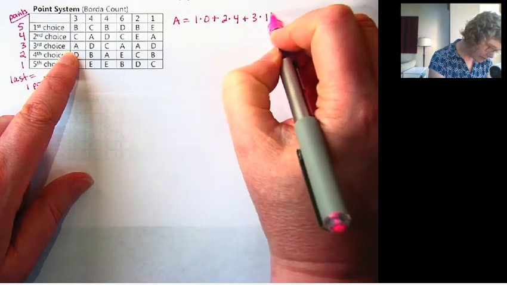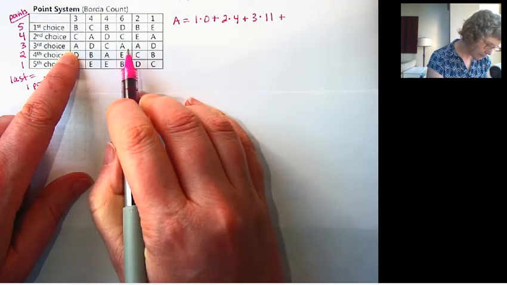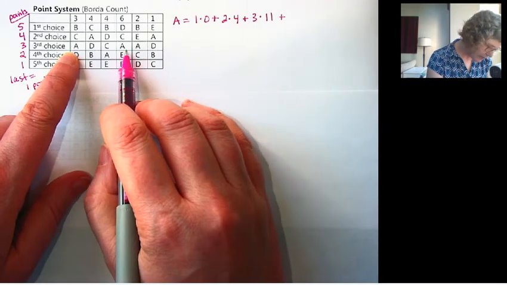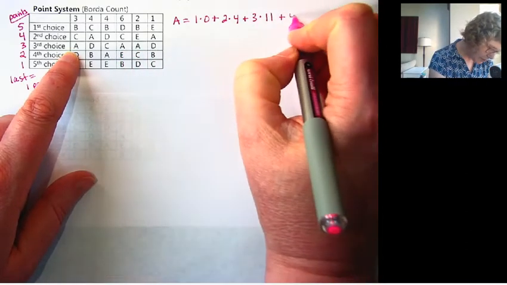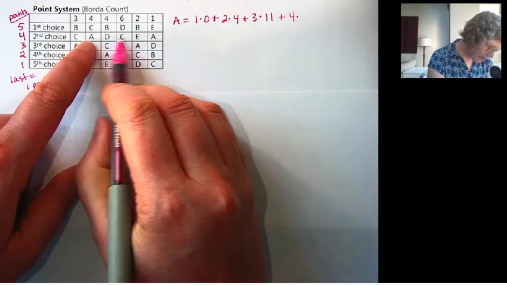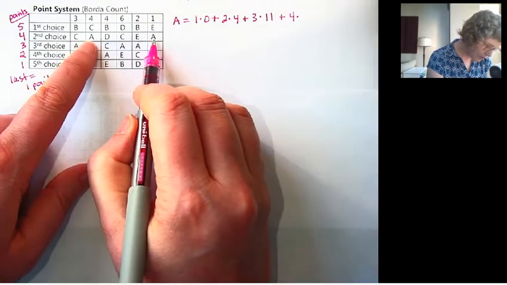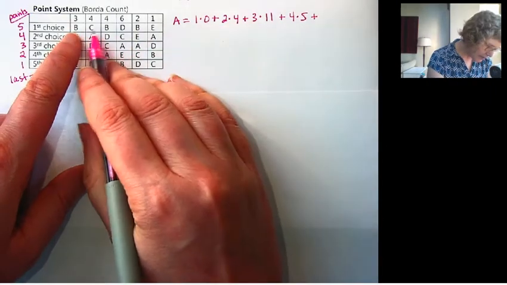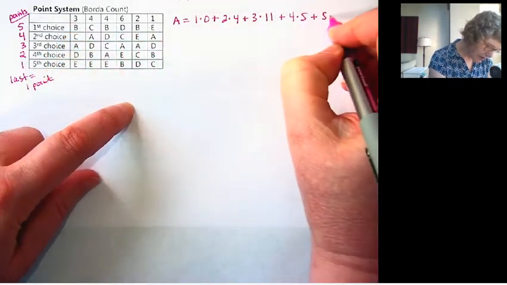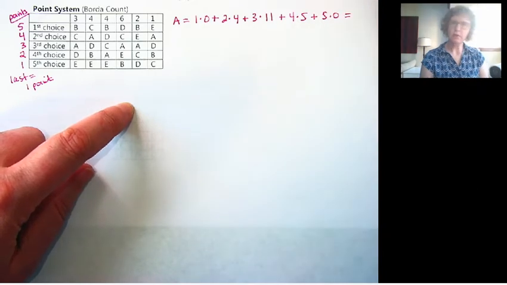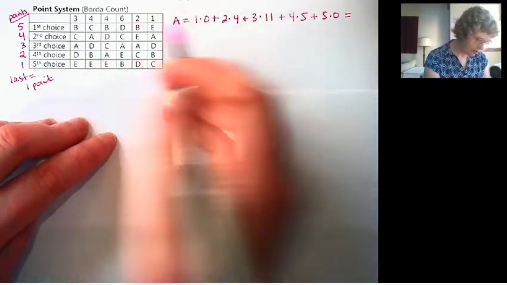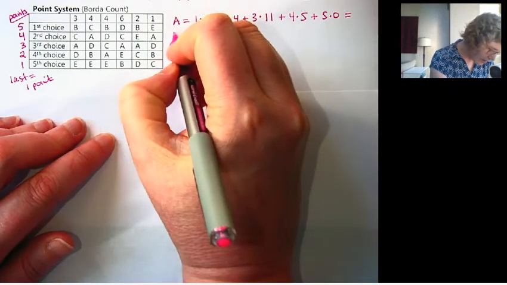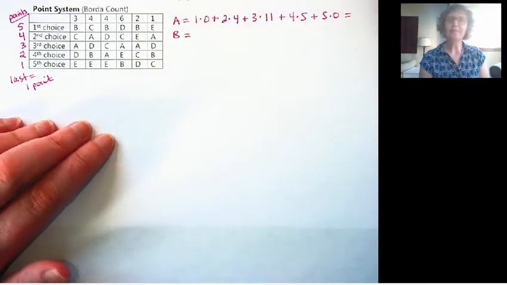Is that right? 6, 7, 8, 9, 11. Yes. Then 4 points times, we've got it twice. 4 plus 1 is 5. Plus 5 points times 0. So nobody picked A first, but also nobody picked A last. There might be something to be said for that.